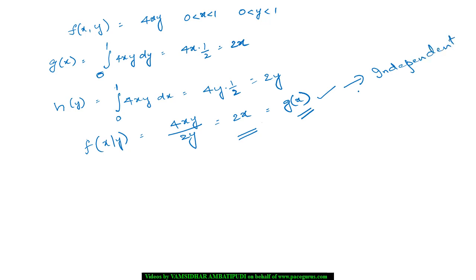The conditional distribution of x given y is the same as the marginal density of x. So the occurrence of y or non-occurrence of y has not impacted or influenced the probability of x.